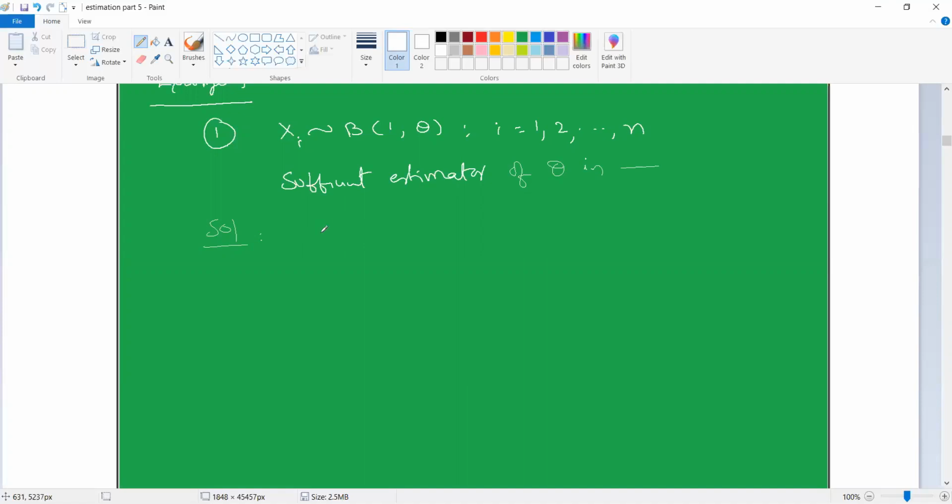Solution. The probability mass function of x is P of capital X equal to small x, equals theta power x into 1 minus theta whole power 1 minus x. The likelihood function is the product, i equals 1 to n, of P of xi comma theta, which is the product of theta power xi into 1 minus theta whole power 1 minus xi.